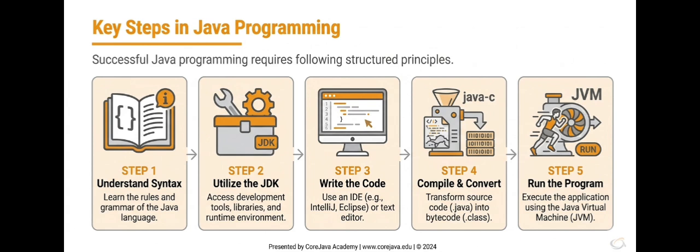These tools help to write the code, and they simplify writing and debugging. The last principle is the execution workflow. Once we write the code, it is saved as source code with the class name and the file extension .java. Then the compiler compiles our source code. It converts the source code into bytecode with the .class extension, and the Java Virtual Machine interprets that bytecode into machine code.